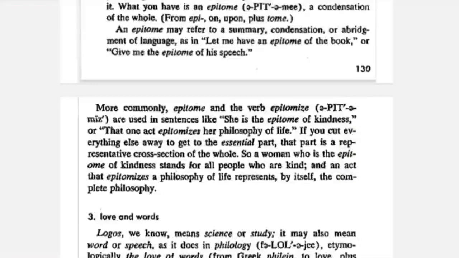Epitome has the roots epi, which means on or upon, plus tom. Epitome refers to a summary or representation of the whole. For example, give me the epitome of a speech, which means give me the summary of his speech.